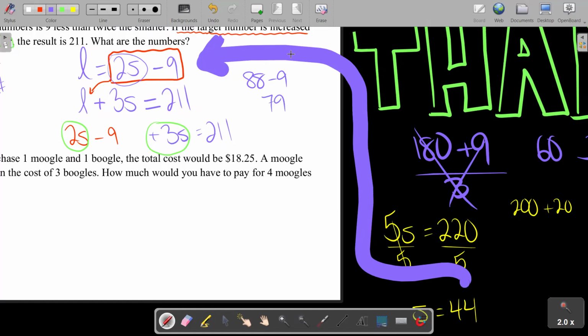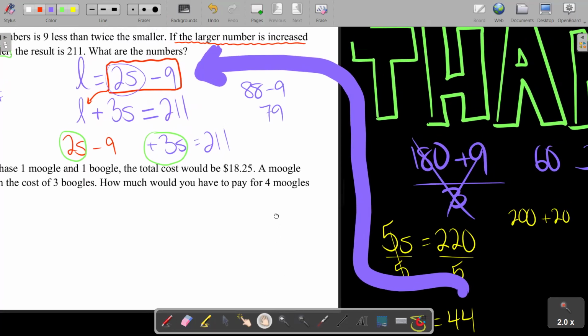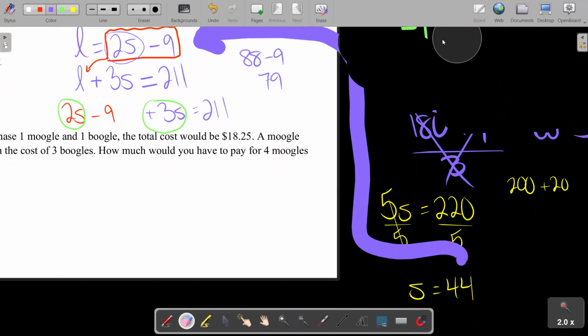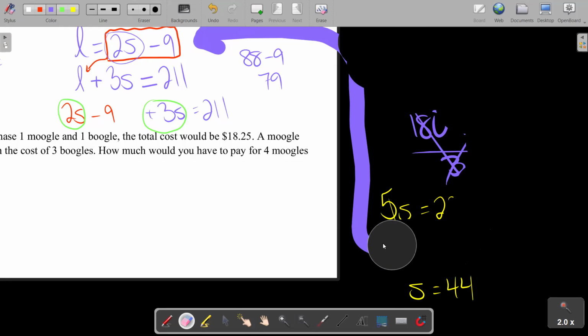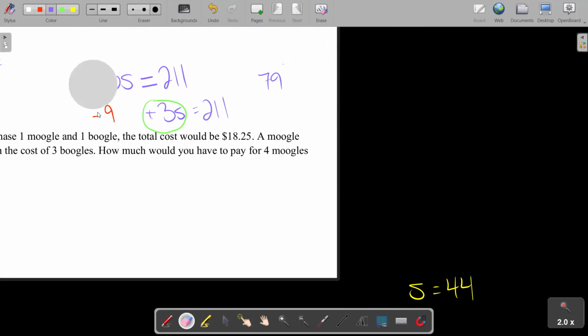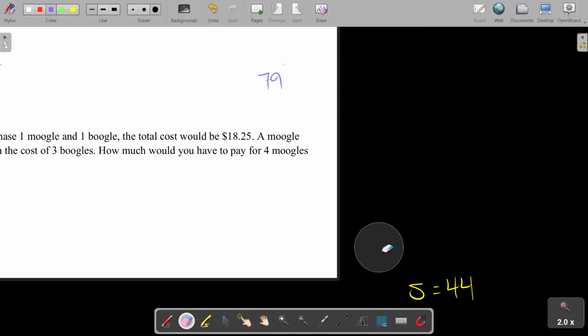Okay, so now we need to gather up all the pieces, make sure we have all of our thoughts together, and let's clean up the mess. When this problem started, someone asked us, what are the numbers? And again, I've got them. They're both here. In fact, I'm just going to erase everything except the 2 numbers.